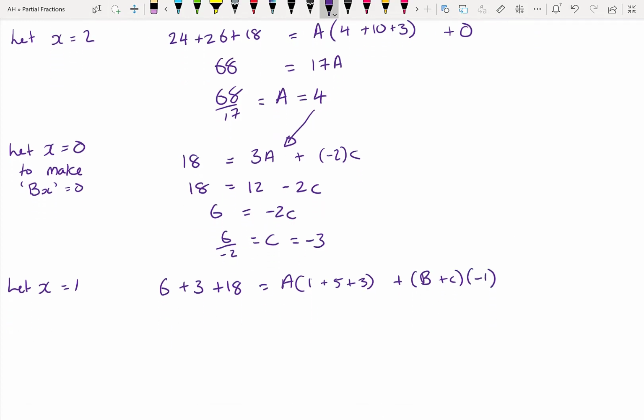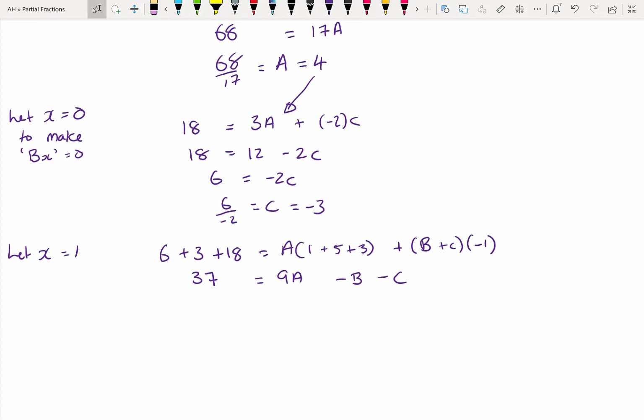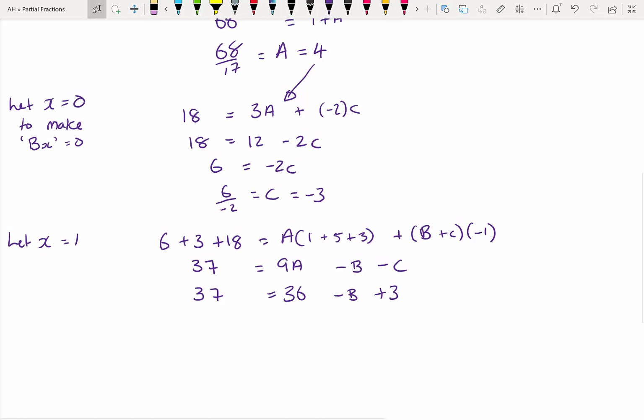And so that gives me 37 is equal to 9a minus b minus c, and I'm just going to multiply those two out because I want to work out one of them in particular. I want to work out b this time. So 37 is equal to 36 minus b plus 3. Okay, adding up numbers on the right hand side, that gives me 39. So 37 minus 39 is minus 2 is equal to minus b, and so b equals 2.